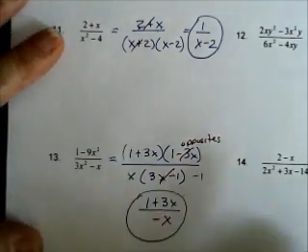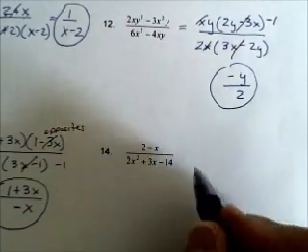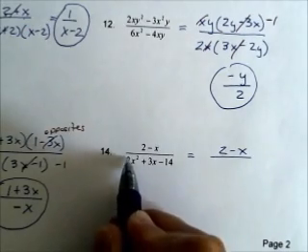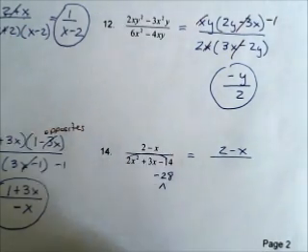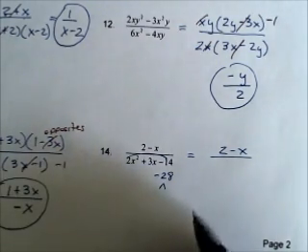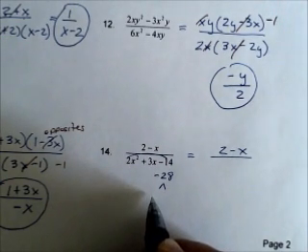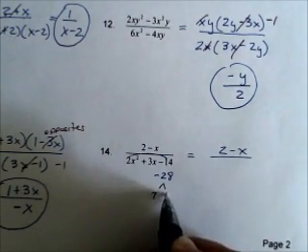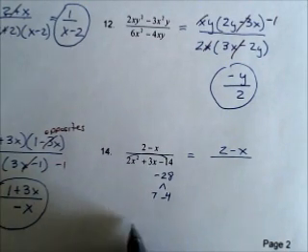Okay, and our last one, number 14, nothing to factor in the numerator. That just stays as is. Our denominator, factor out negative 28. The factors of negative 28 that add to positive 3 are 7 and 4. Positive 7, negative 4.